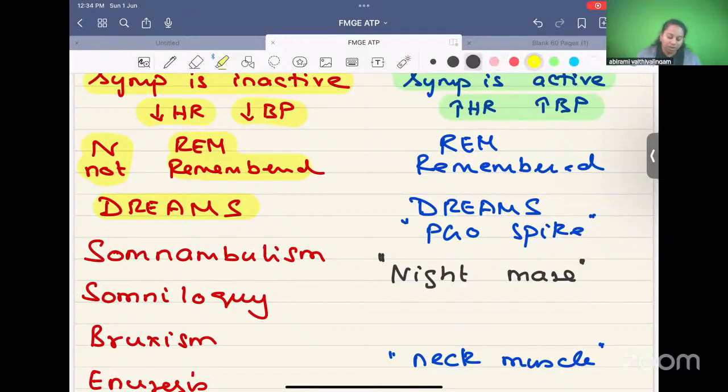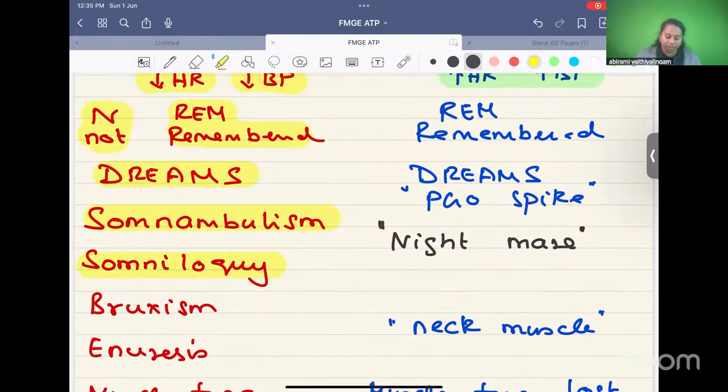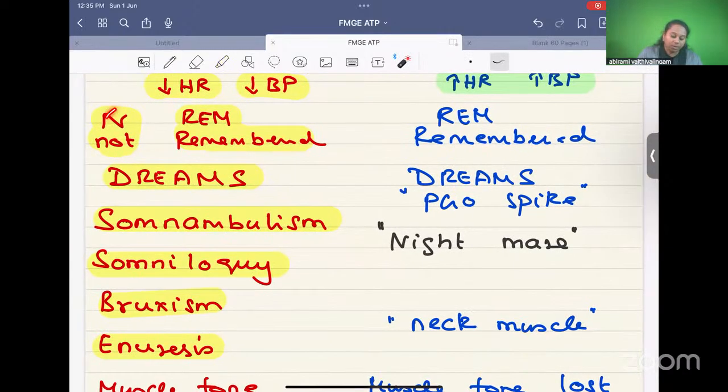They are somnambulism, sleep walking; somniloquy, sleep talking; bruxism, teeth grinding; enuresis, bedwetting. So all these are not remembered. It happens in the night and you don't remember in the morning. Only when somebody else tells you will you know.